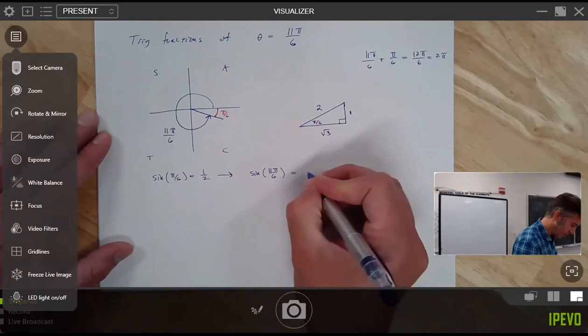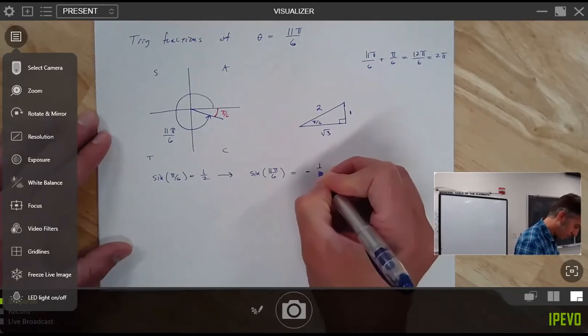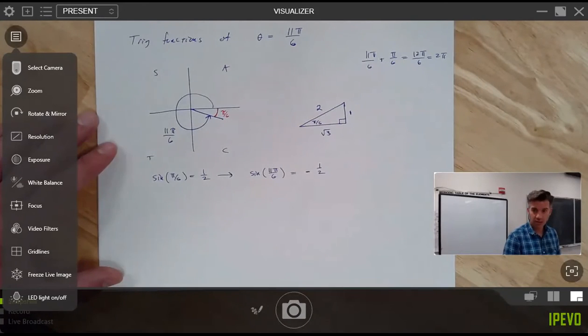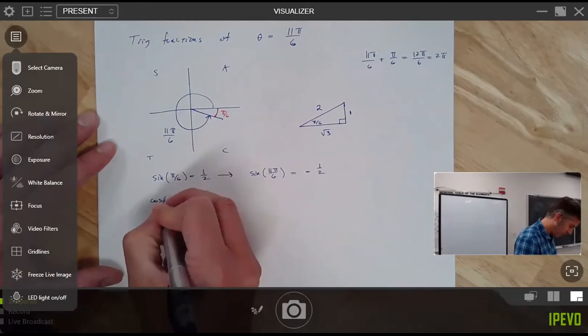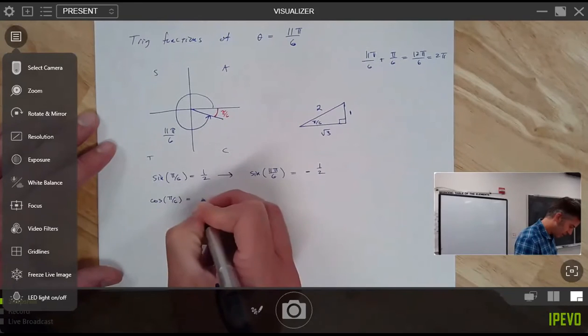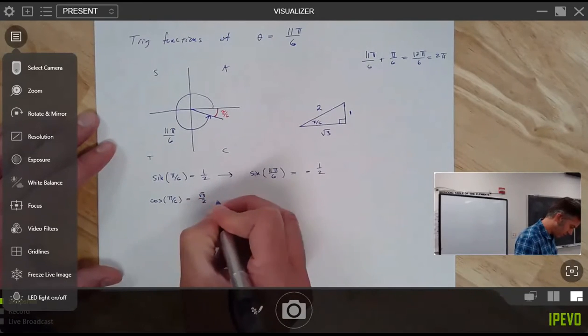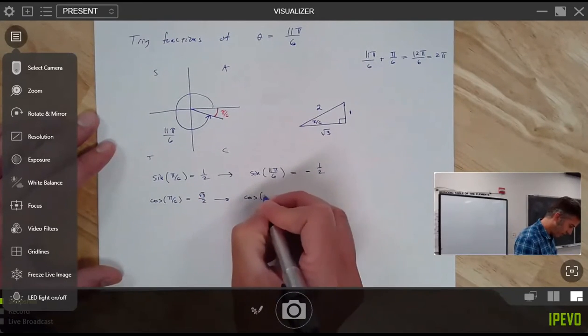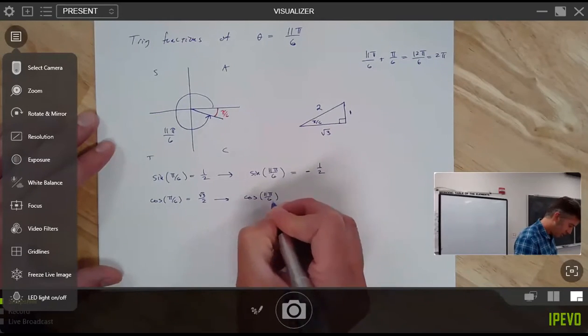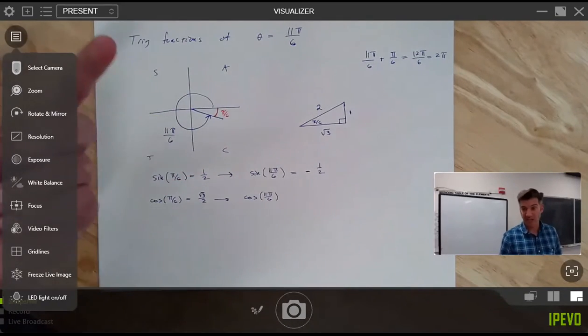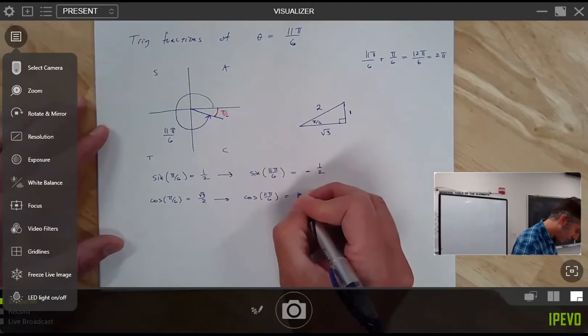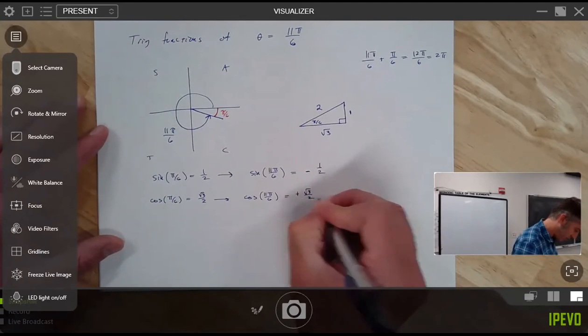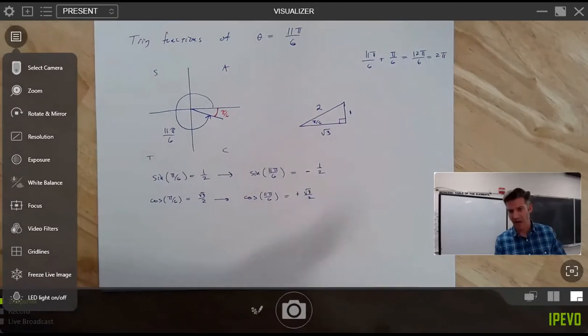So sine is going to be negative 1/2. I also know that cosine of pi over 6 is positive √3 over 2. So cosine of 11 pi over 6, well, in quadrant 4, cosine is positive. So it's still going to be positive √3 over 2. And I'm just writing positive to emphasize it; I would normally not write it.